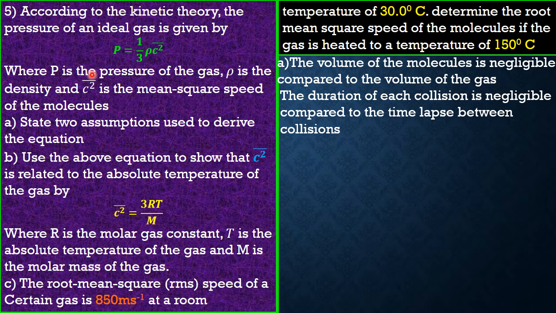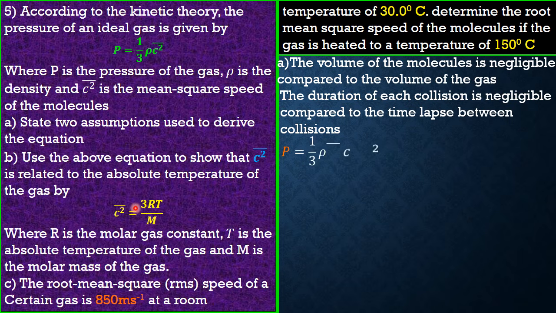You can also say that collisions between the molecules and the walls of the container are perfectly elastic. These two are okay. Then the next part says that you should use the above equation to show that C squared is equal to that.